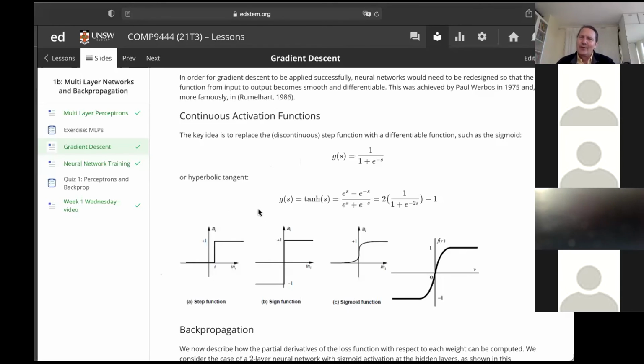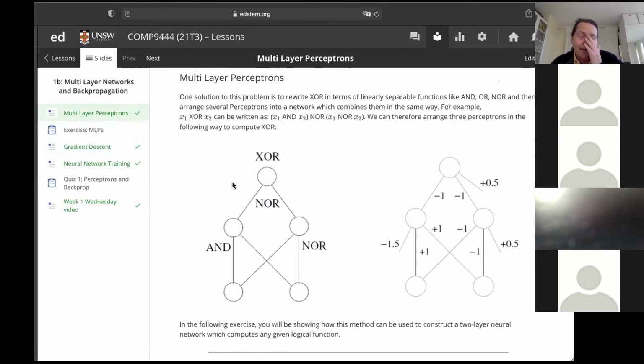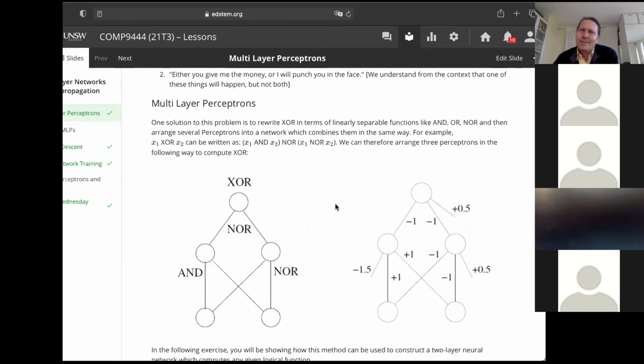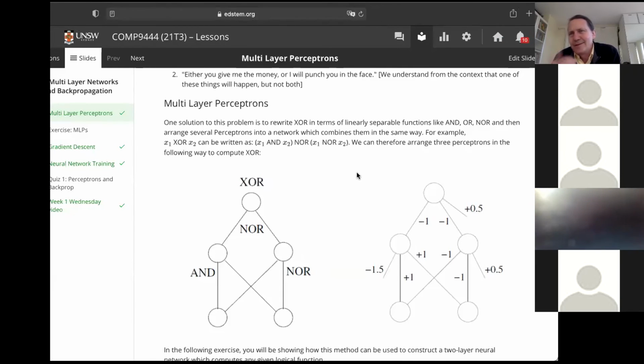MLP, yeah, a multi-layer perceptron is a kind of neural network. This terminology is a bit odd, for historical reasons. Normally a perceptron means that you have a one-layer network and the output is not continuous. It's strictly either 0 or 1, and then you use the perceptron learning algorithm.